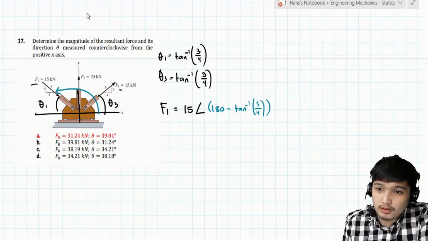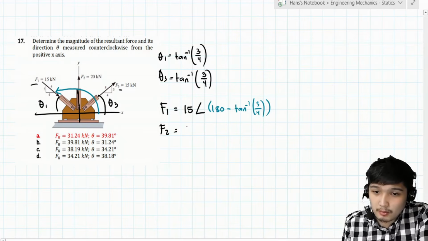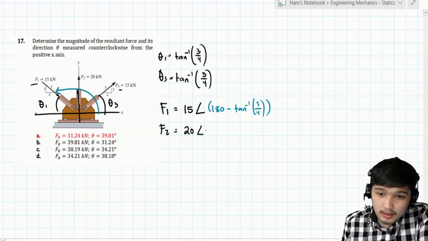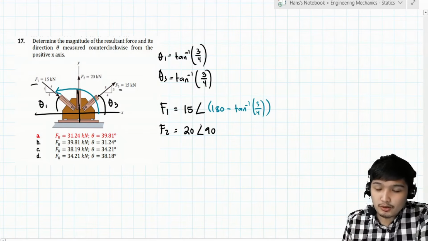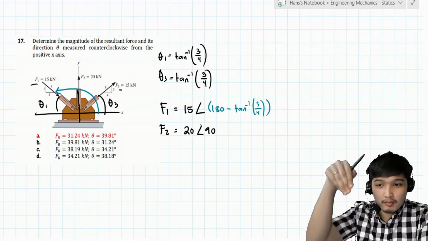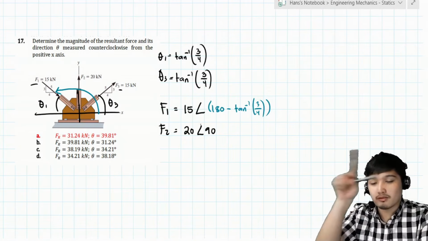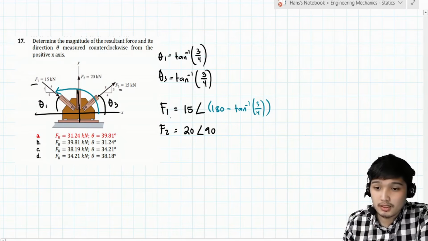So, how about yung F2? So, that is completely vertical. So, 20 angle 90. Upward eh. Okay, take note lang class, mahalaga yung direction. Kasi kung pababa naman yan, dapat yung ikot nun 270. So, mahalaga yung direction ng mga forces.